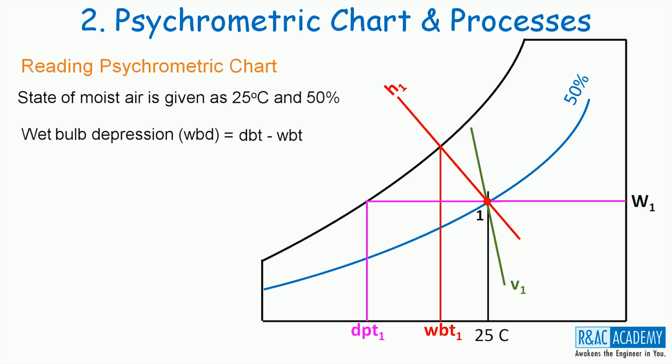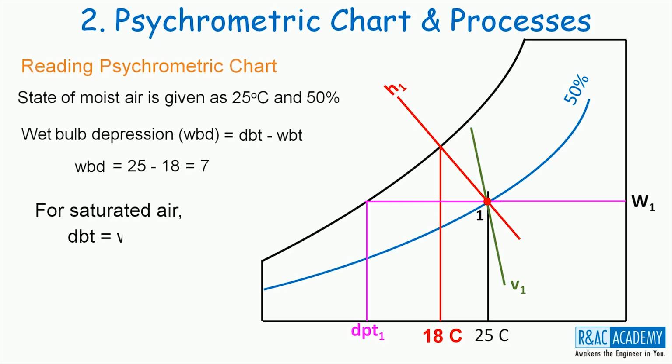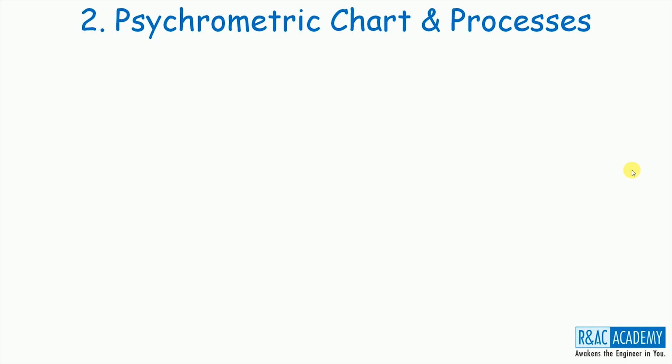For the given moisture, the WBT would be 18 degrees centigrade. Therefore, the WBD for this moisture would be 25 minus 18, 7 degrees centigrade. As discussed in the previous lecture, for saturated air, all the three temperatures would be equal. Hence, the WBD for saturated air would be equal to 0.